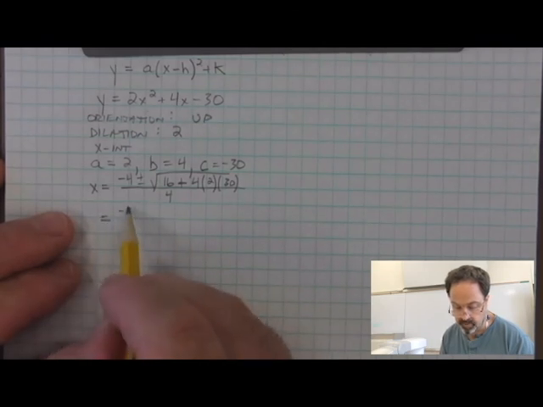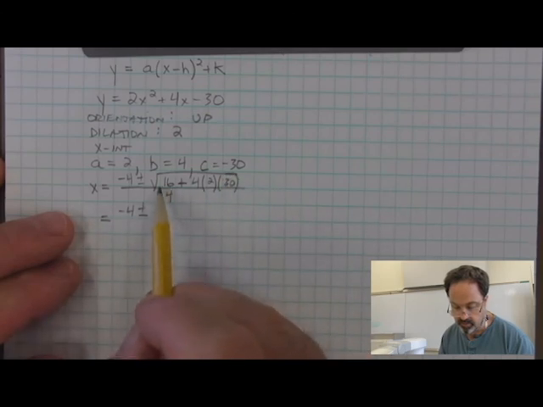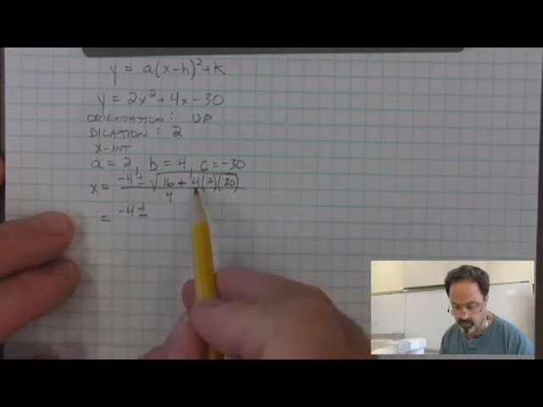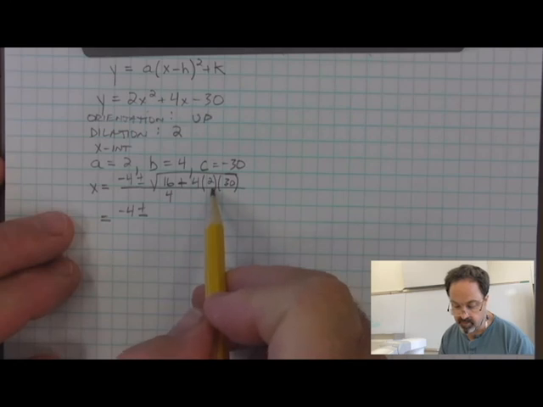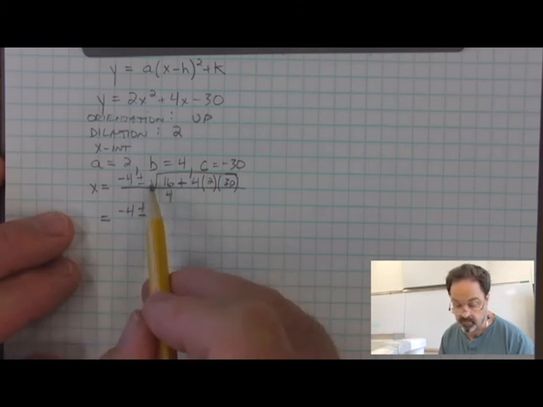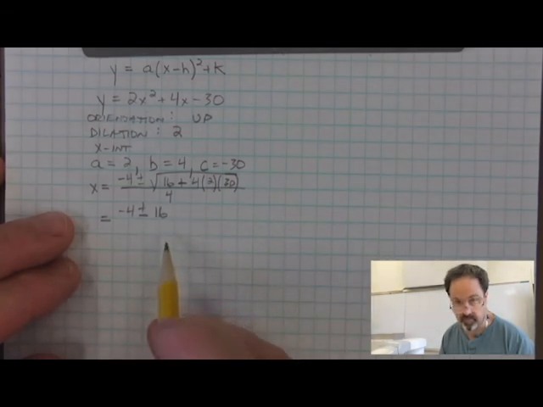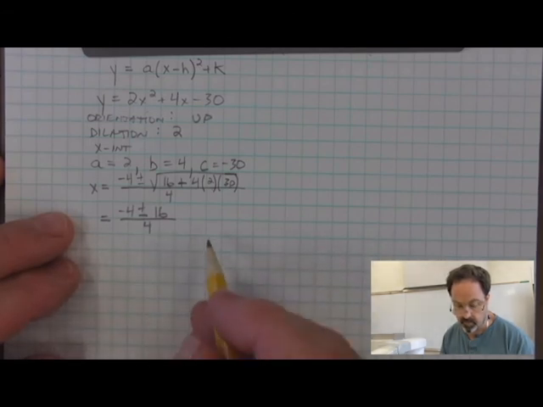Simplifying, negative 4 plus and minus. Now let's see what we have under the radical. We've got 4 times 2 is 8, and 8 times 30 is 240. When I add 16, that's 256, and 256 is the square of 16. So the square root of all of this simplifies to be 16, divided by 4.